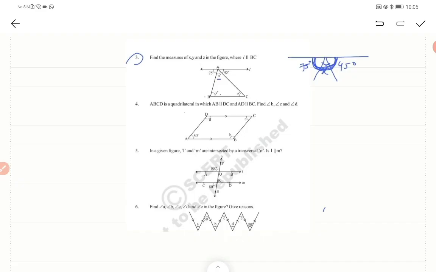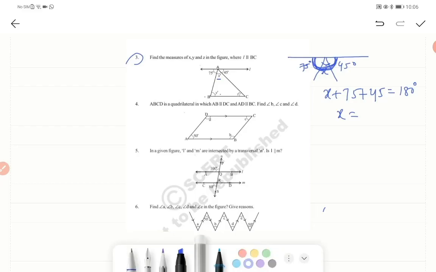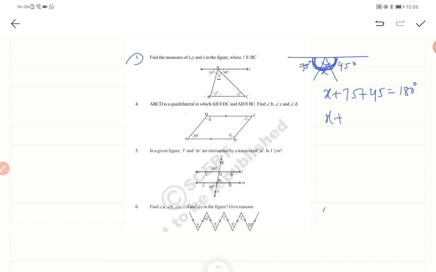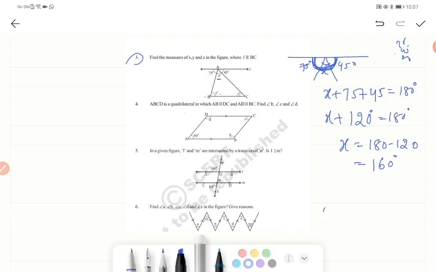So x plus 75 plus 45 is equal to 180 degrees. 75 plus 45 is 120. So x will be equal to 180 minus 120, which is 60 degrees. Your x value is 60 degrees.